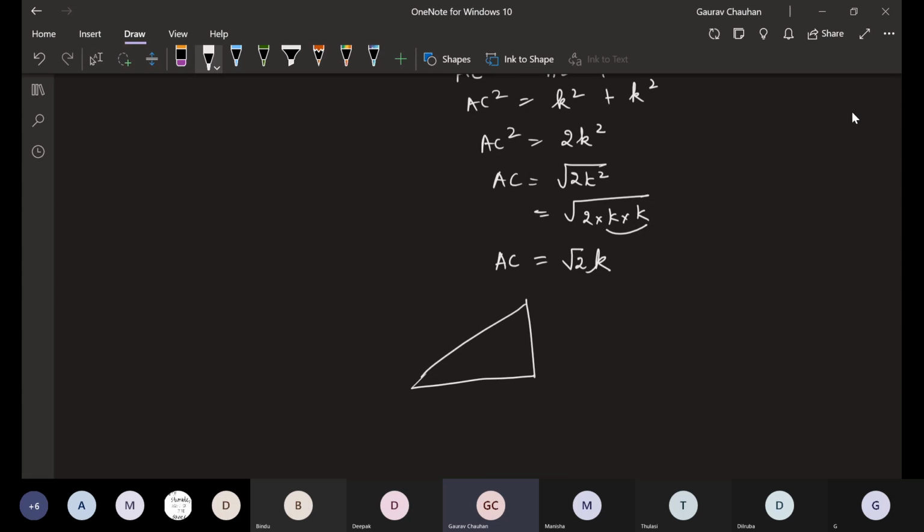This is my same triangle, I'm redrawing it to keep it on screen. This is theta, this is 45 degree, this is also 45 degree, but we're taking this as theta. A, B, C. This is K, and this is root 2K.